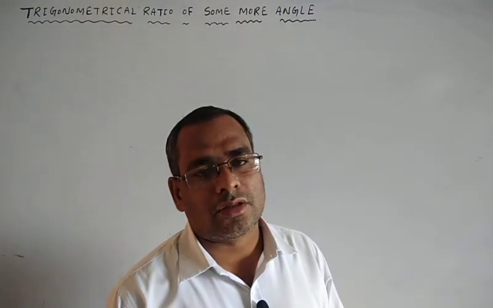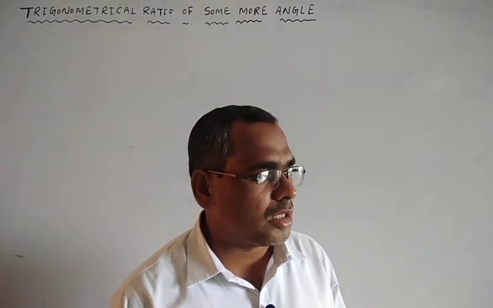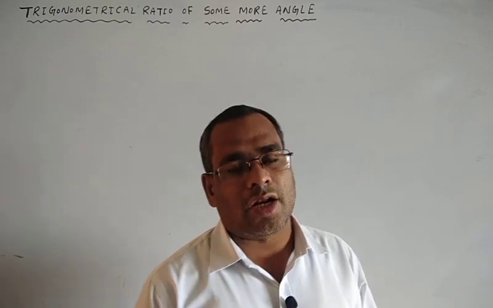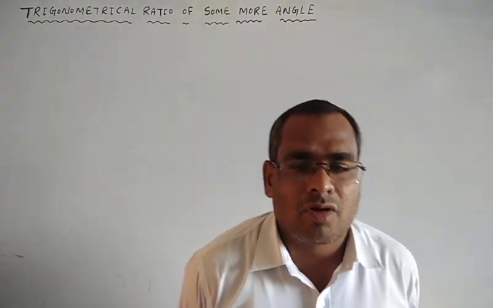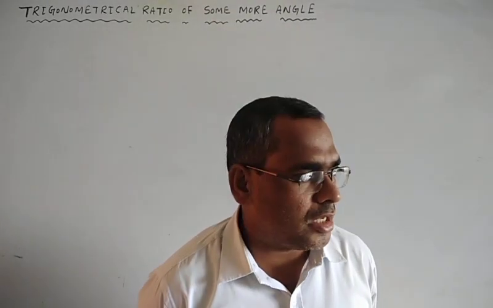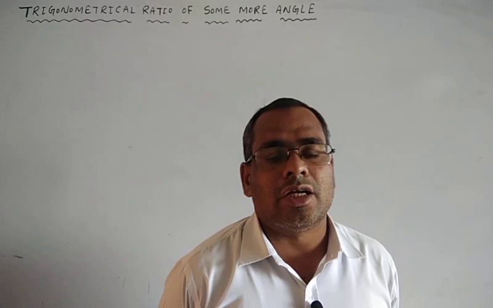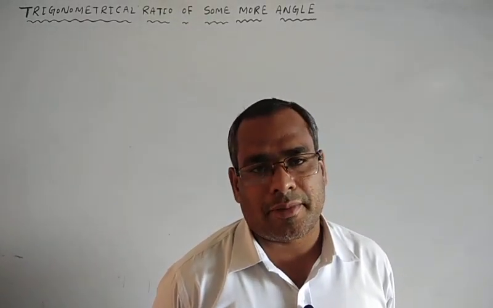You know the multiple angle formulas: sin 2a equal to 2 sin a cos a, and cos 2a equal to cos square a minus sin square a, or 1 minus 2 sin square a, or 2 cos square a minus 1. Okay, tan 2a equal to 2 tan a by 1 minus tan square a.